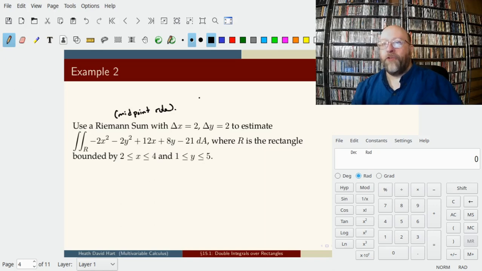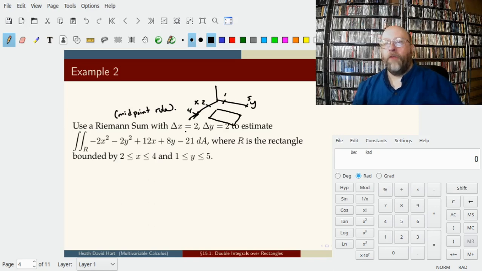So let's draw a picture of what's going on here. We're looking at the rectangle bounded between 2 and 4 on the x-axis, and between 1 and 5 on the y-axis. And so that's this rectangle here.